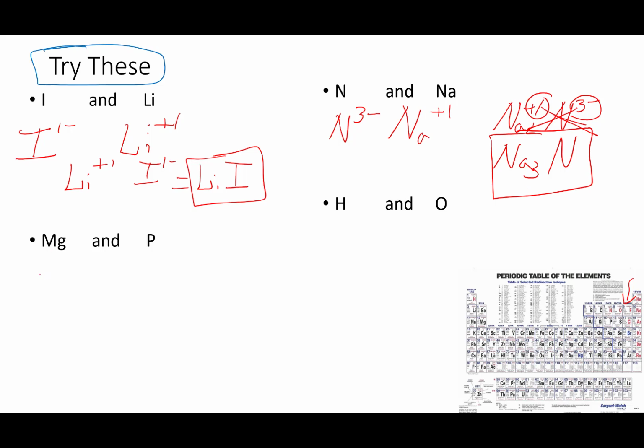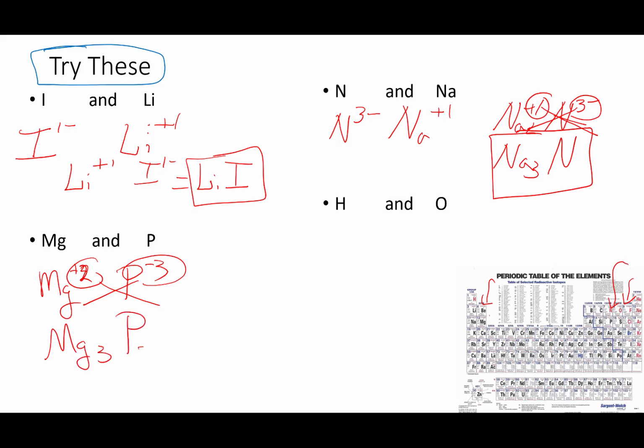Na3N. Magnesium, +2. Where does the 2 come from? That's the most common ion produced by that group. Phosphorus, -3. That's the most common ion produced by that group. Are they the same? No, crisscross. This goes there, that goes there. Mg3P2. Hydrogen.